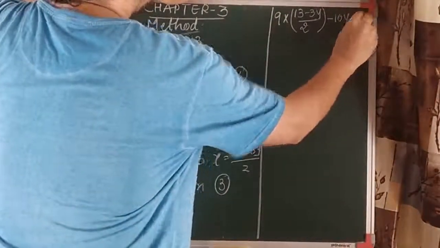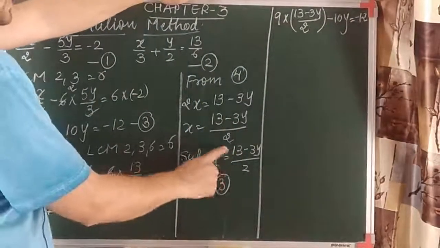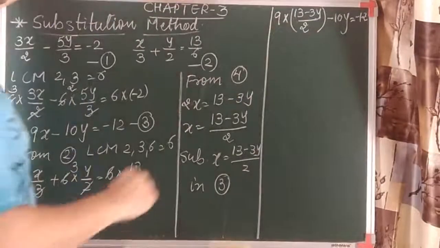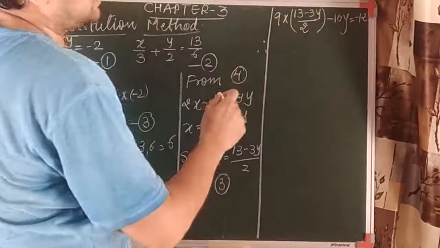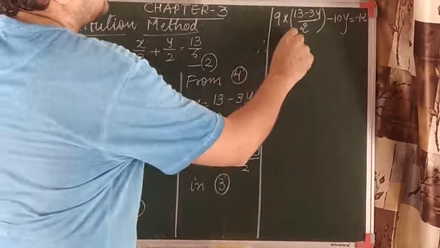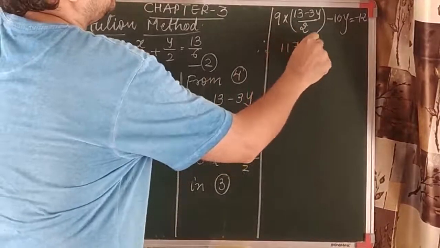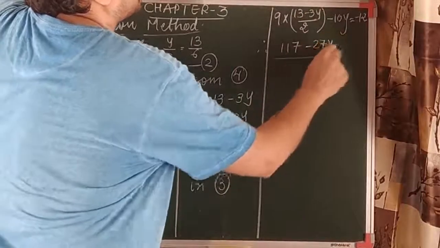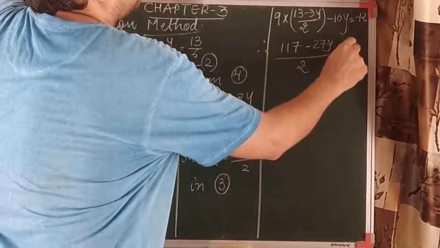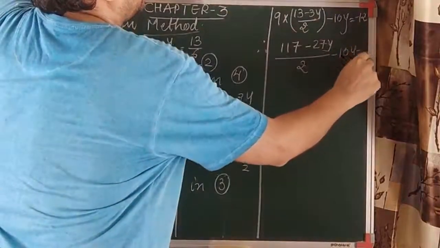So what I have done is substituted this value of x, which I got in fraction form, here. Let us simplify. 9 should multiply with both the terms. 9 13s are 117 minus 9 3s are 27y, minus 10y is equal to minus 12.